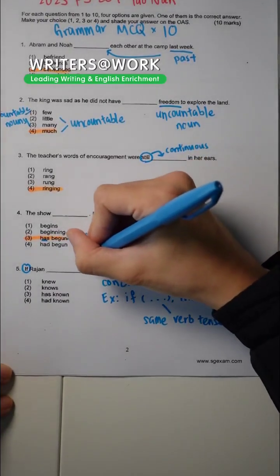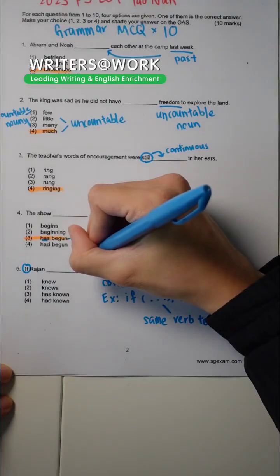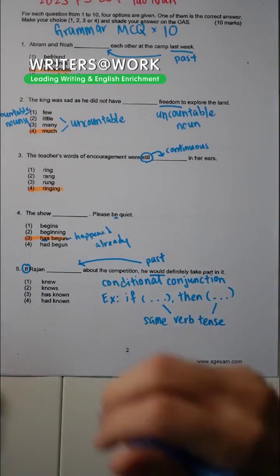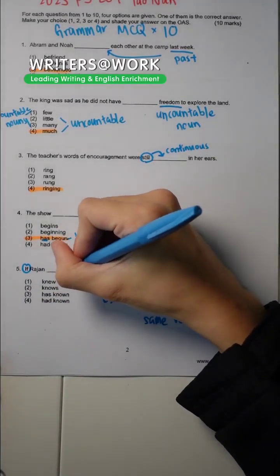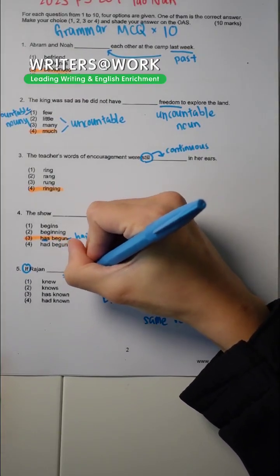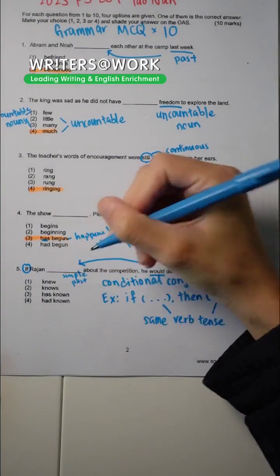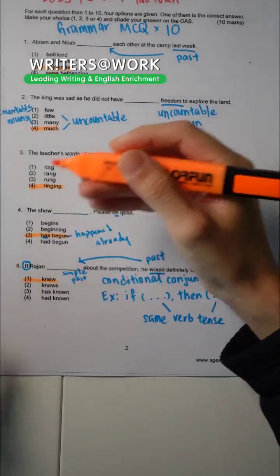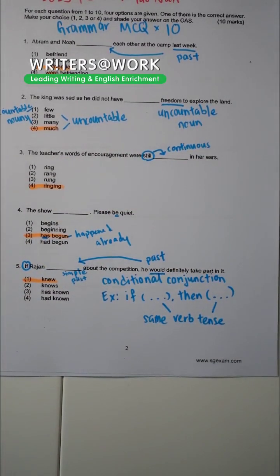Definitely it's past tense. So to link it back across to our blank over here, if would is in the past tense, the same verb tense in this blank should also be in the simple past tense. Okay. Simple past tense. And so among our four options over here, the only one that is in the simple past tense is option 1.